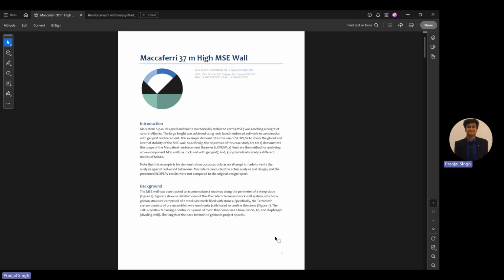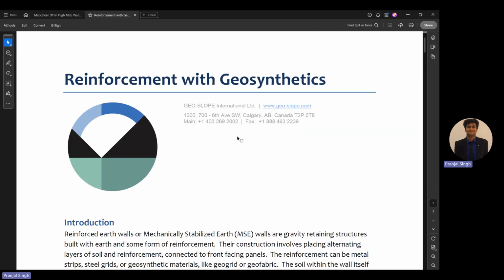So we discussed a few cases, and in today's session, I wanted to showcase some practical problems, but unfortunately, it's raining very heavily here, and I'm not able to connect to the VPN of my institute, so I don't have the license for the software.